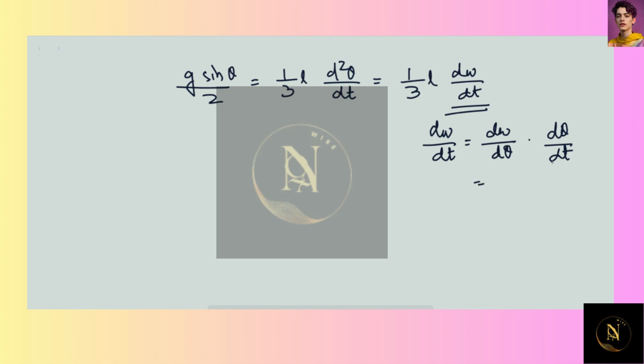Again, d theta over dt is omega. So this is omega, and then we have d omega d theta. If we plug this value of d omega over dt instead of the double differentiation, we will have the resultant equation independent of time, which will make our calculations much easier.